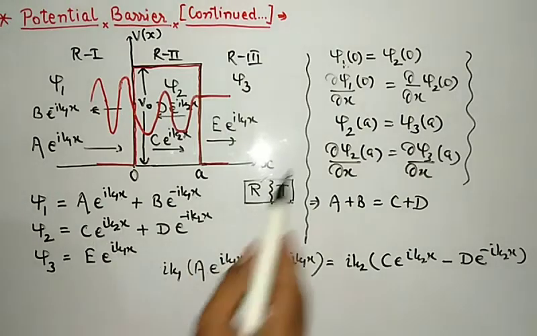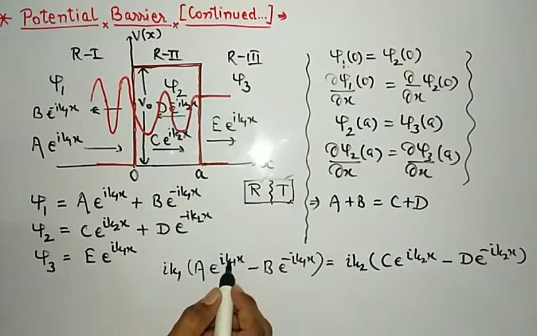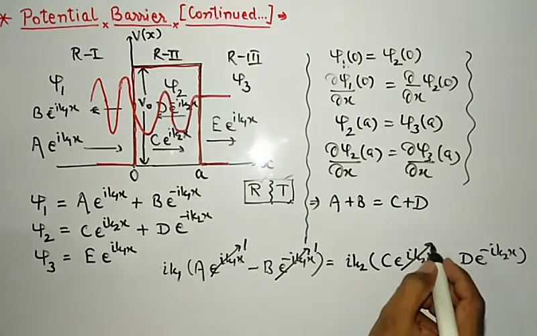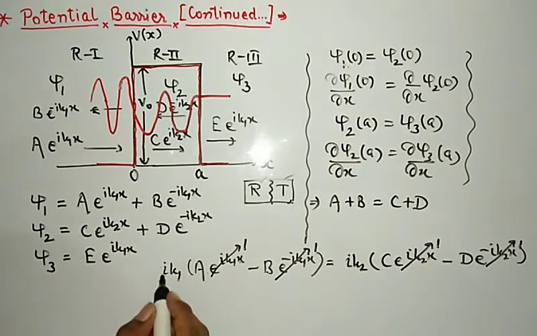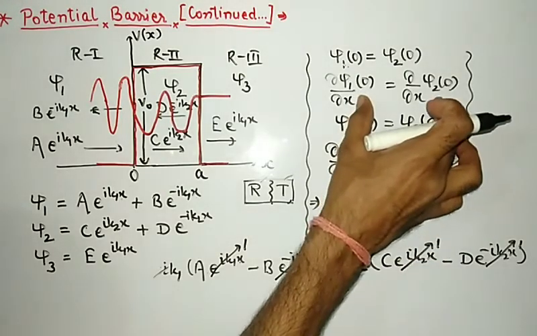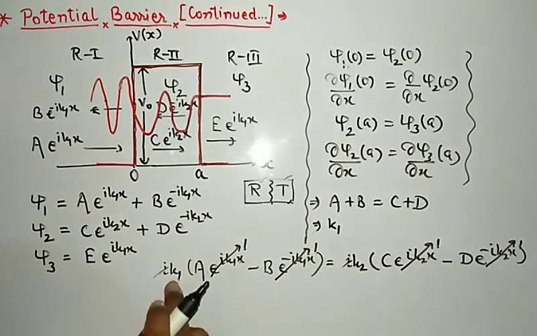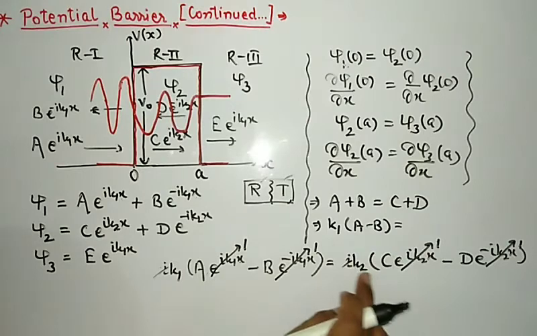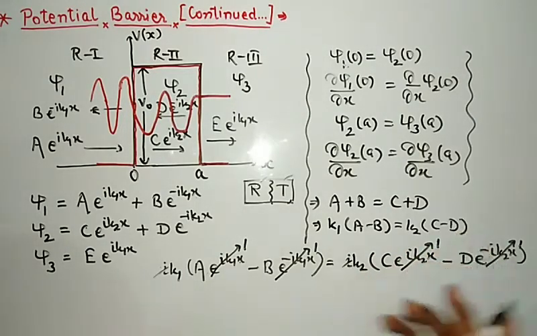Now we put x equal to 0. The exponentials become 1, only the constants remain, and the i will cancel out. So finally, using this relation, we get k1 (A minus B) equals k2 (C minus D).